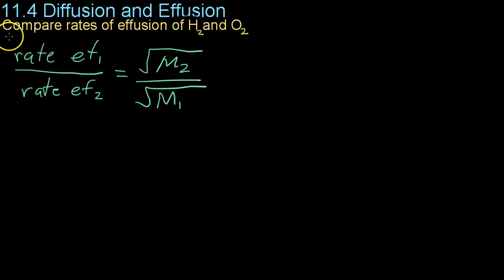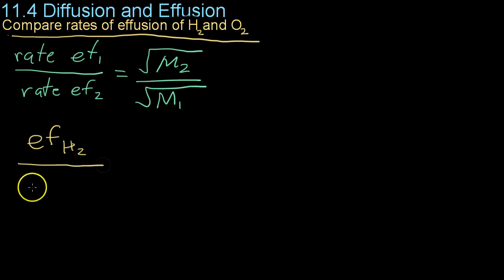Alright, so let's do one quick sample problem with Graham's law of effusion. We'll compare the rates of effusion of hydrogen gas to those of oxygen gas. So I have Graham's law written right here, and all we have to do now is plug in the values. So for example, we'll say rate of effusion 1 will be the effusion of hydrogen, and rate of effusion 2 will be the effusion of oxygen gas.